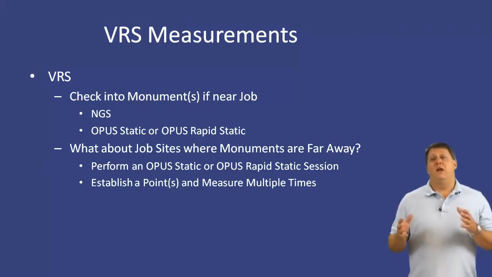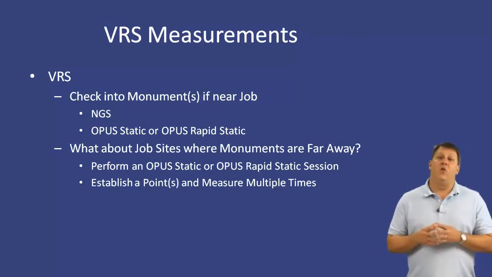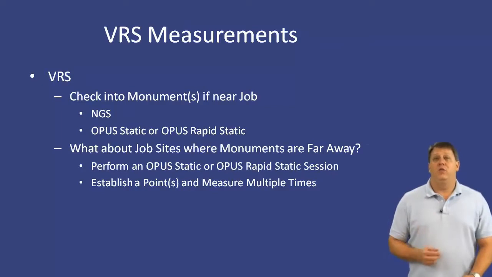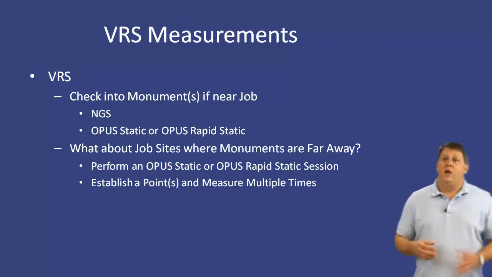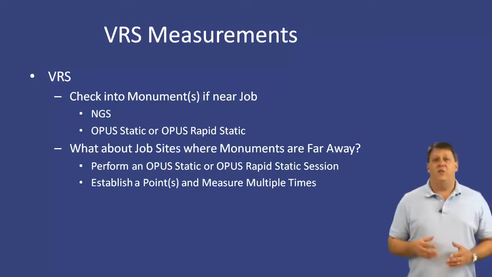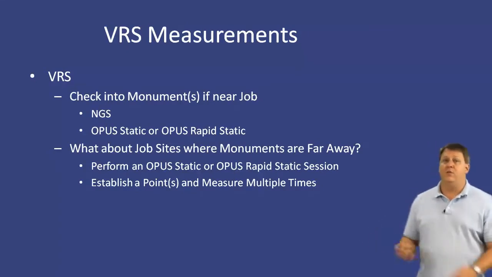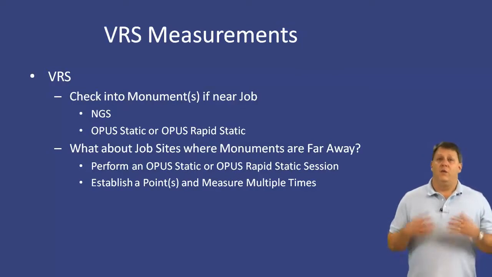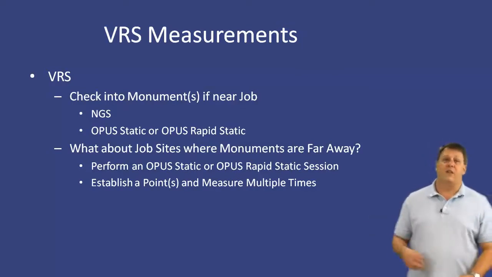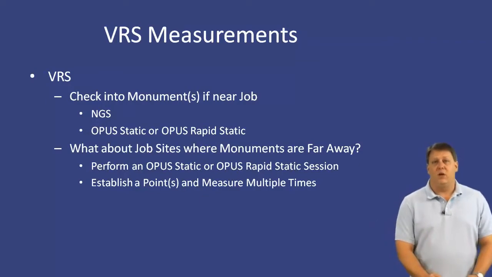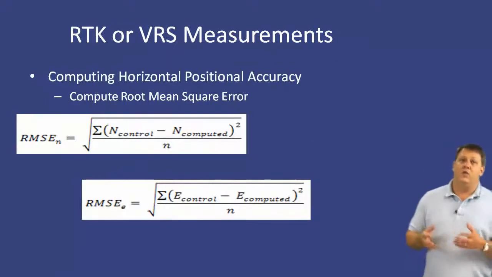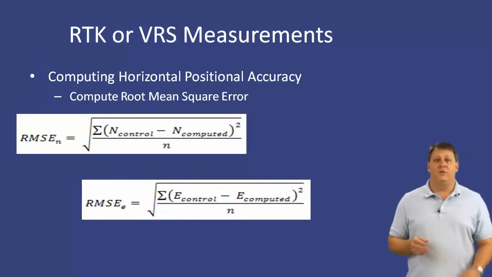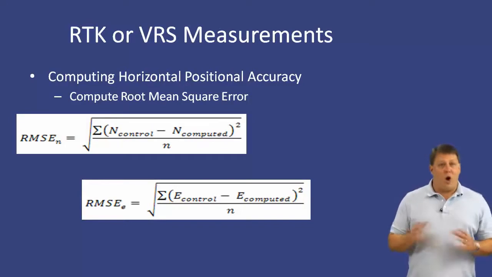We would establish that control point's coordinates through the multiple shots by averaging them together, and then we could compute positional accuracy from that. Remember, we want to run our checks with our GPS just like we would if we were using a total station or robotic instruments to perform surveying. We've got to set up that instrument and take our back sight to make sure that everything is working correctly.